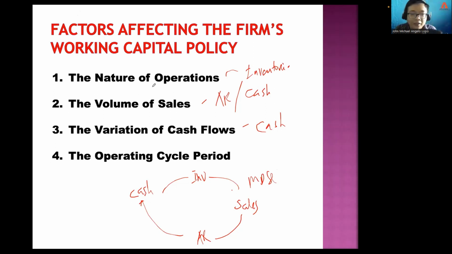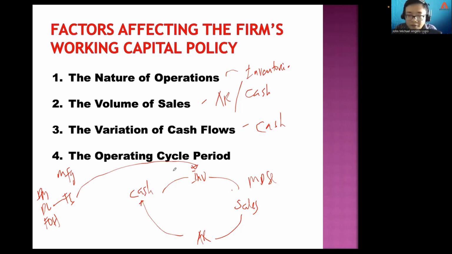Sorry, okay, how about naman in terms of our manufacturing? In terms of the manufacturing, we will convert first our DM, our DL, and our factory overhead into the finished product. So, if you are manufacturing tables and chairs, kailangan mo na yan maging finished product. Common sense. Paano mo ibibenta yan pag hindi pa tapos? If you have your finished goods, yan yung inventory natin.